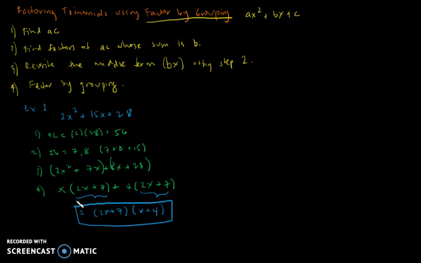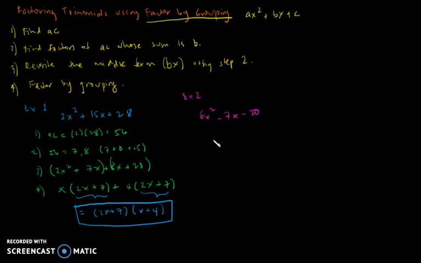Okay, so let's have another example. Let's use another color. Example number 2: let's factor 6x squared minus 7x minus 20. Again, the question is, can we use the trial and error method in solving this one?